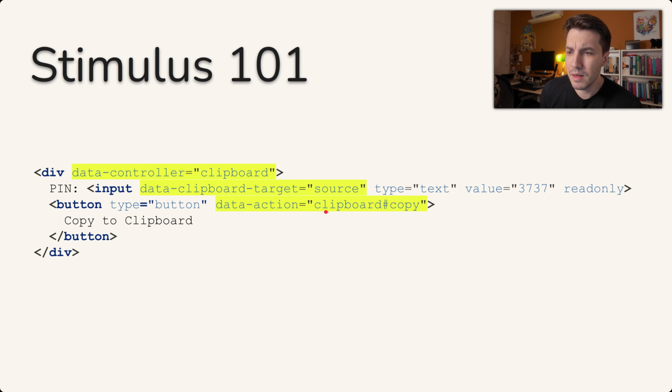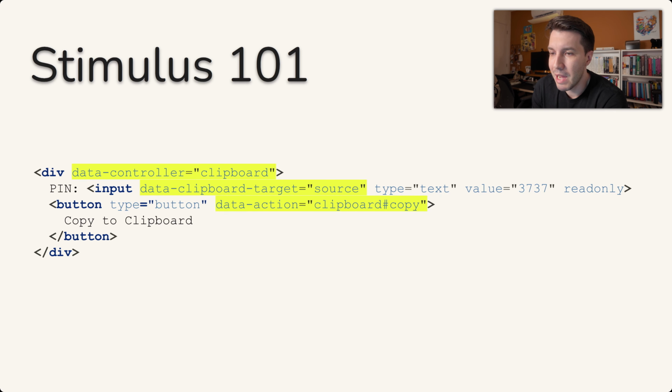In this case, we are registering that event listener on a button element, so we don't actually have to specify the event if we are targeting the default events. Certain elements in Stimulus have default events, so we don't have to specify the event name, but you could if you wanted to, or if you're targeting a different event than the default one, you'd probably specify that. And since this is a button, the default event is the click.